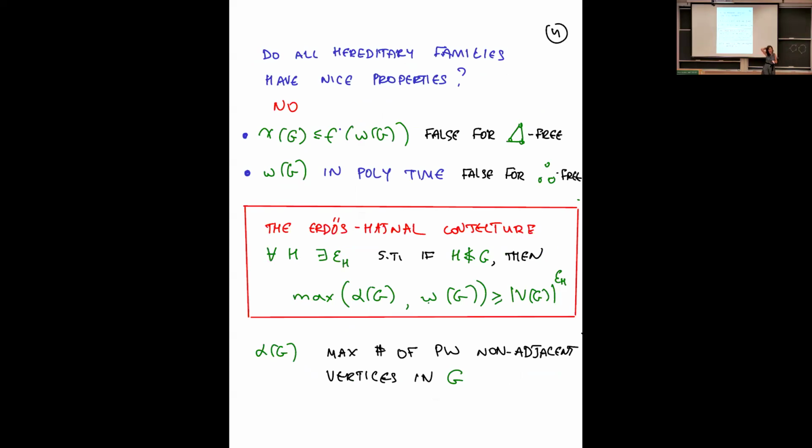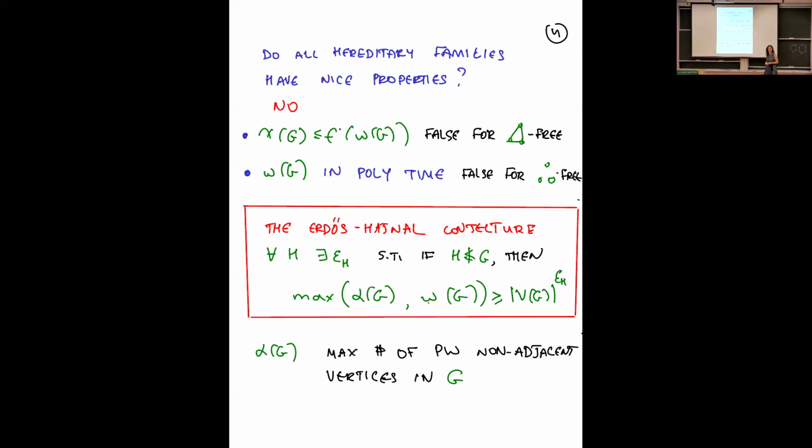There are hereditary families where, in order to color a graph in them, you need many more colors than its maximum clique. In particular, triangle-free graphs. There are triangle-free graphs with arbitrarily large chromatic numbers. It's not true that if you restrict to a non-trivial hereditary family, you can solve problems efficiently. For example, finding max clique is NP-complete in the class of graphs with no stable set of size 3.